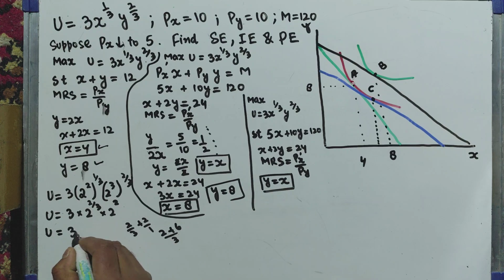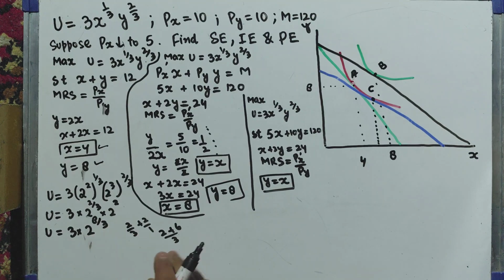So we have 3 times, bases are the same, we add the exponents, we get 2 raised power 8 upon 3. This is the initial utility he is deriving.